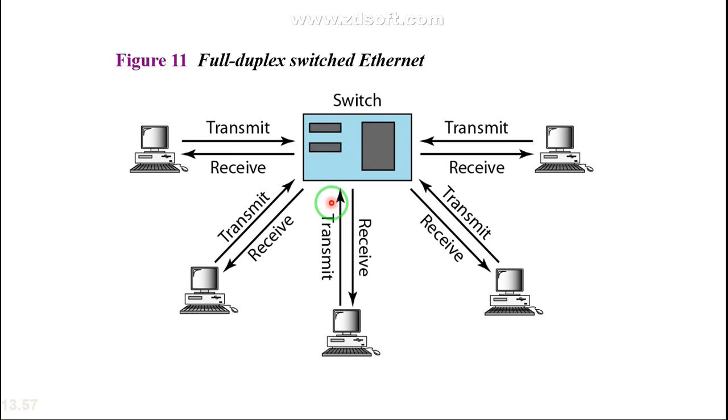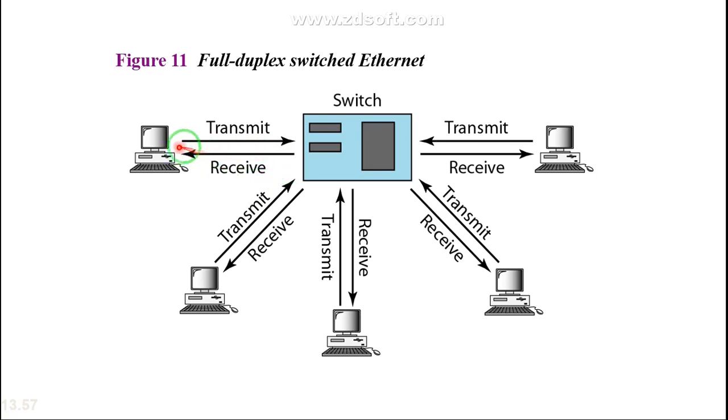Each station is connected to the switch via two separate links, for transmission and for reception. So they are going to send and receive independently without worrying about collision.